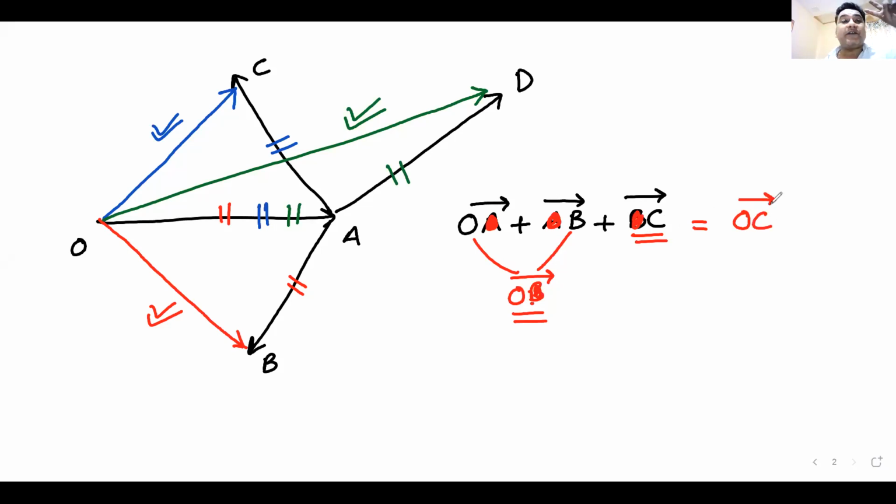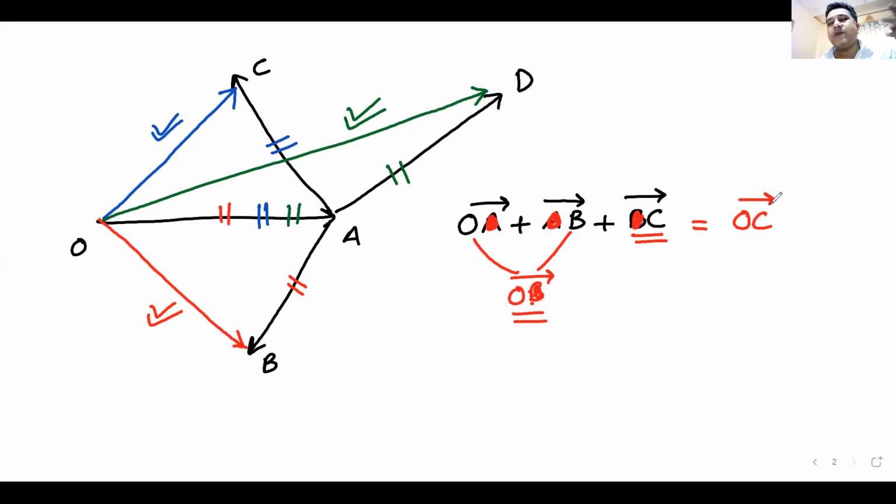So basically, can anyone tell me in short what I have done here? I have added three vectors and used the triangular law 2 times. Yes, I have used triangular law 2 times. But I cannot call it double triangular law.